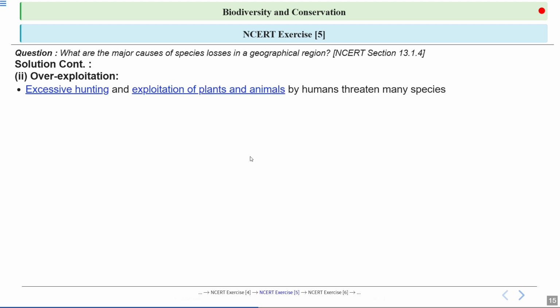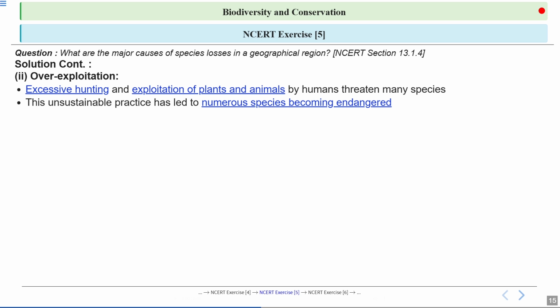Now, excessive hunting and overuse of plants and animals by humans put many species at risk of extinction, as their populations are reduced beyond recovery, disrupting ecosystems and reducing biodiversity, which is essential for a balanced and healthy environment. So, excessive hunting and exploitation of plants and animals by humans threaten many species. Now, this unsustainable practice has led to numerous species becoming endangered.